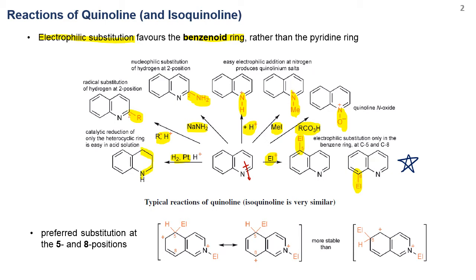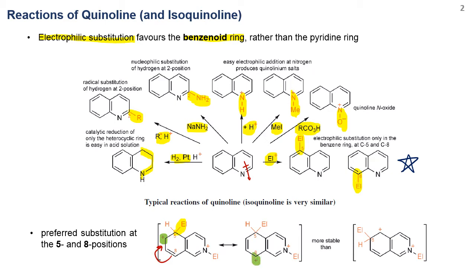The reason why it prefers to react at the 5 and 8 positions is that when you react at the 5 position here, you are going to generate the positive charge at this carbon, which can delocalize onto the second carbon here.